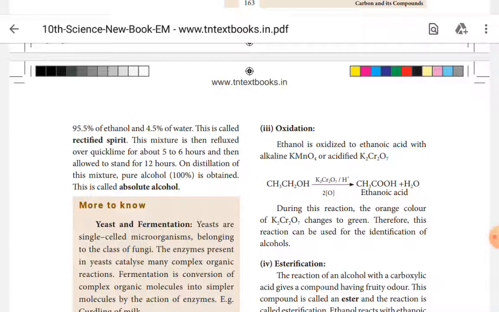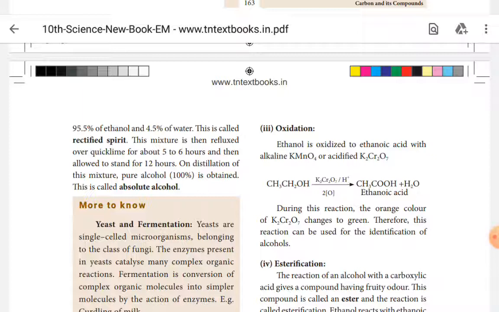Then the remaining 4.5% of water in the rectified spirit is going to be removed by refluxing over quicklime for about 5 to 6 hours and then allowing it to stand for 12 hours.